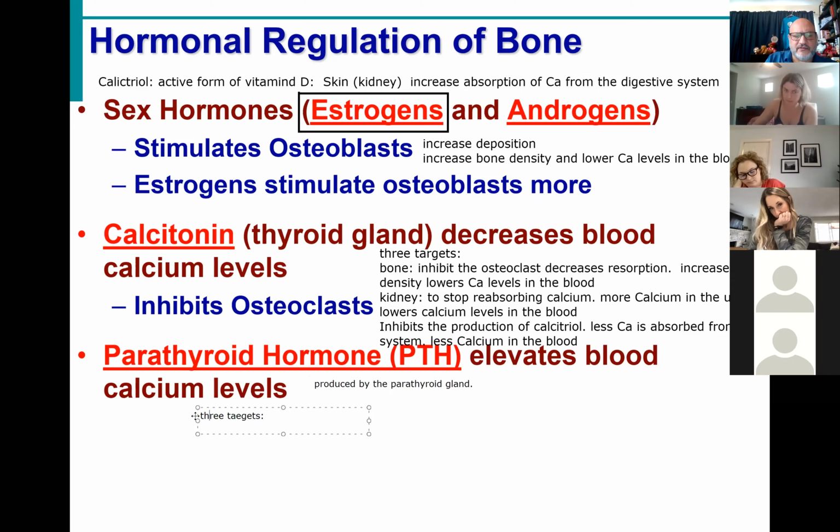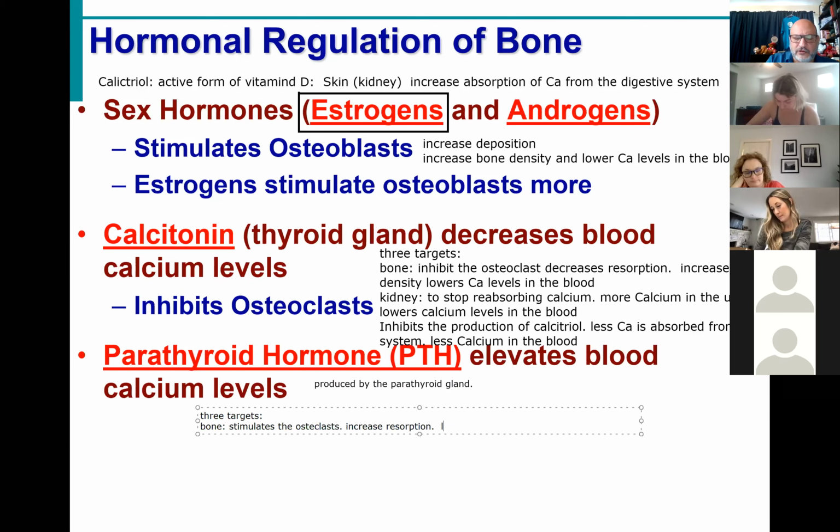One of those targets, assuming I can spell target right, is going to be the bone. And in this case, it is going to stimulate the osteoclasts. When we stimulate the osteoclast, that is going to increase resorption.